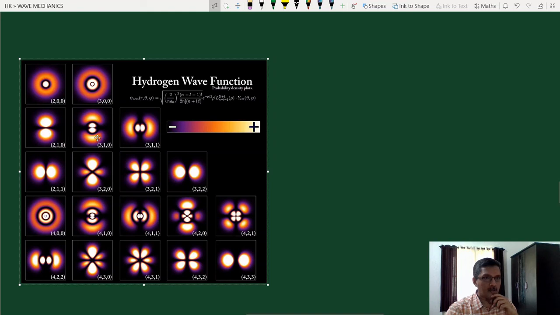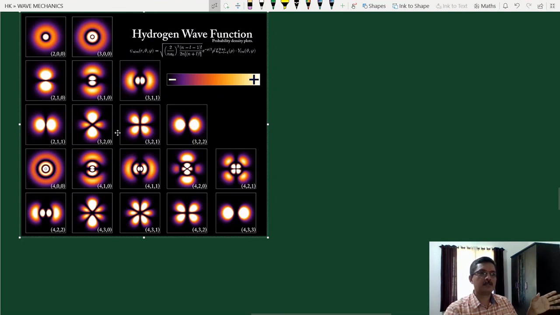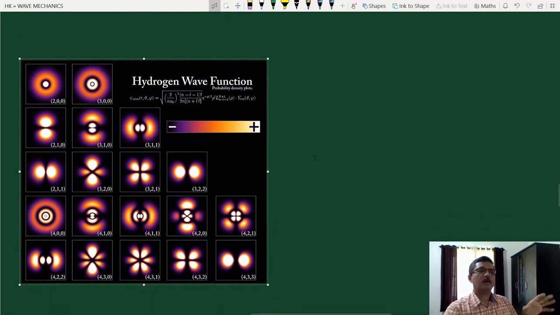Then here also, 310, 311. So this is 3s state, 3p state, along the z-axis here, along the xy plane here. This type of trend you can see in all the figures. Whatever we have deduced so far, you can see in all the figures.